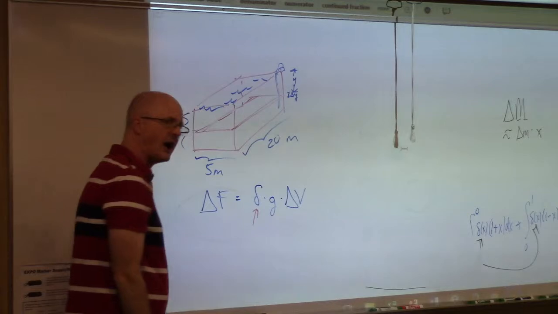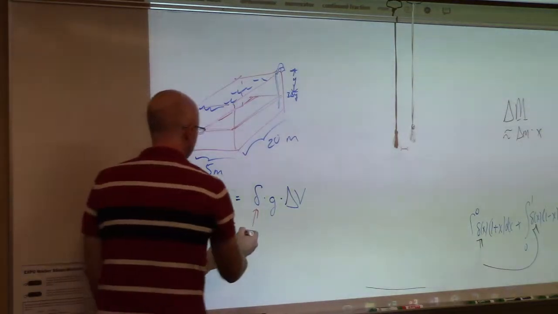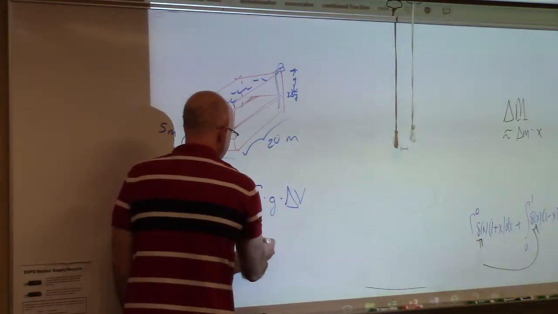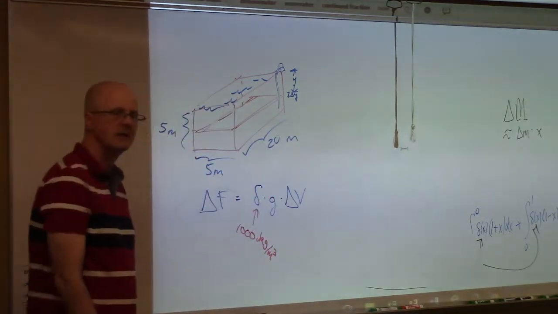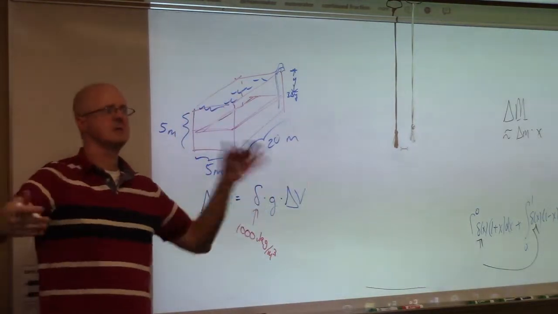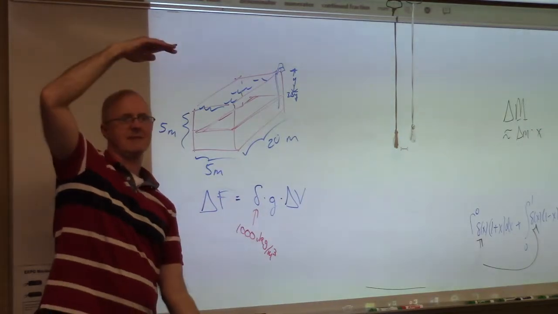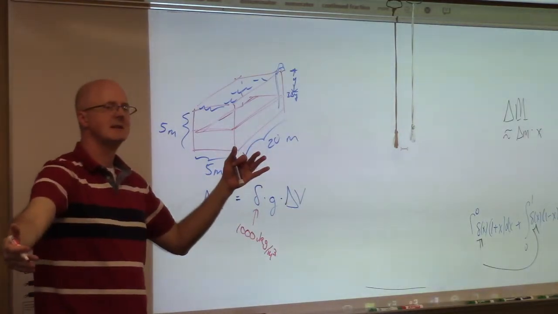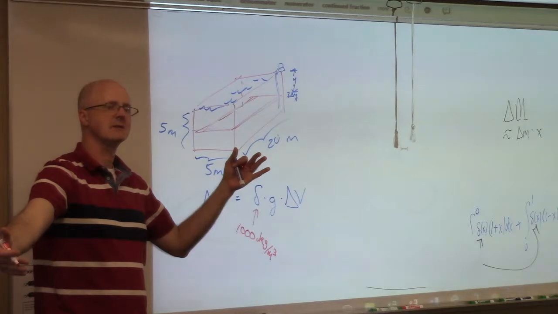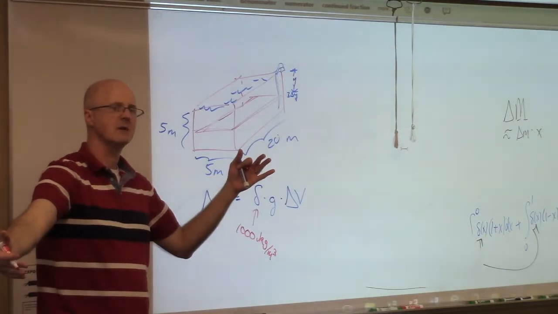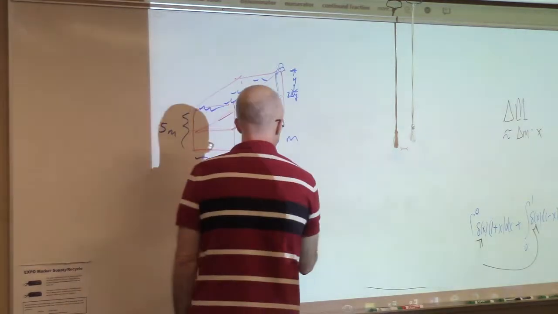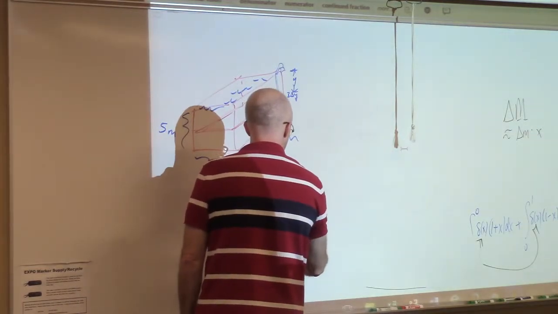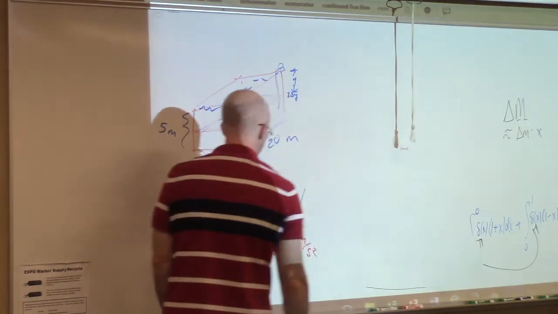That, for water, is going to be 1,000 kilograms per cubic meter. A cubic meter of water, like this big in a box, has a mass density of 1,000 kilograms per cubic meter. g is 9.8 meters per second squared.